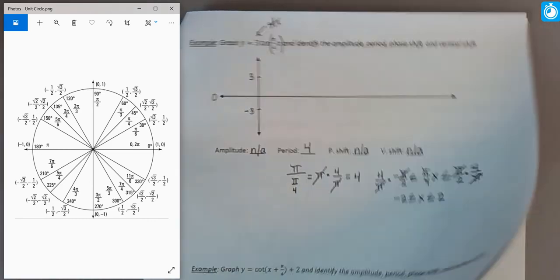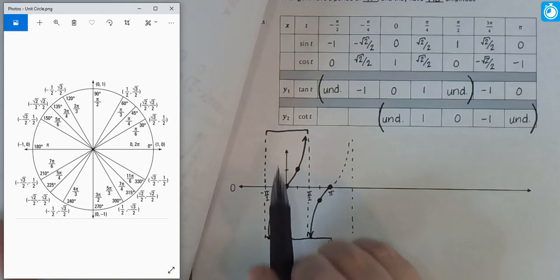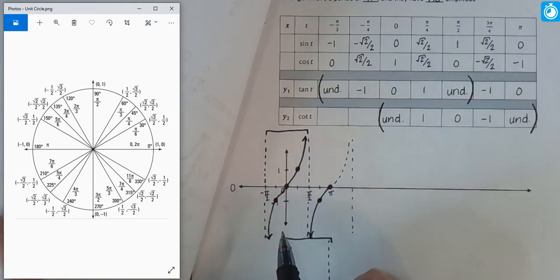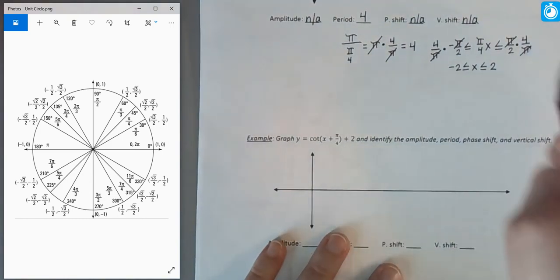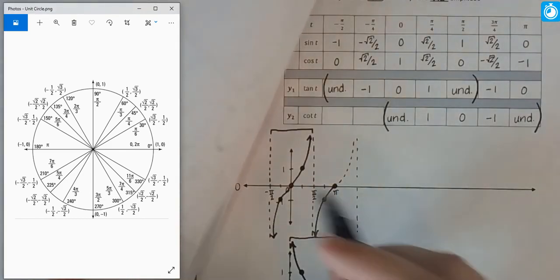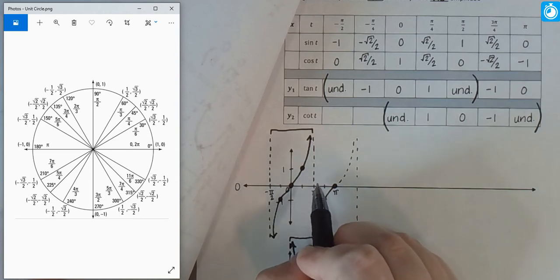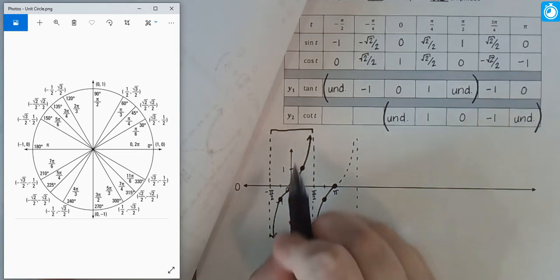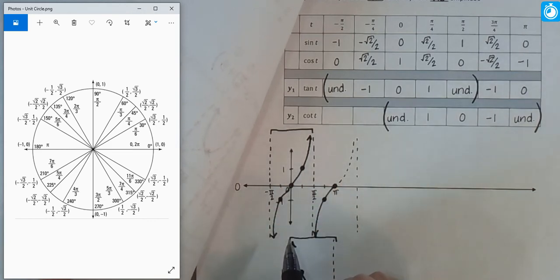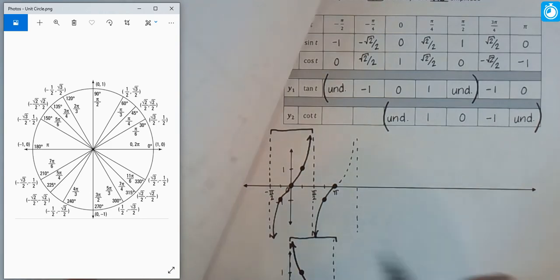Now, when we graphed the original tangent, we graphed it where it was truly starting to the left of that central line. If you want to graph it that way, in this case, negative 2 to 2, you can graph it with a negative 2 over here and a 2 over here if you want. Or you can do what we did before with the other graphs and start your cycle on the vertical line and then just indicate where the actual y-axis is.